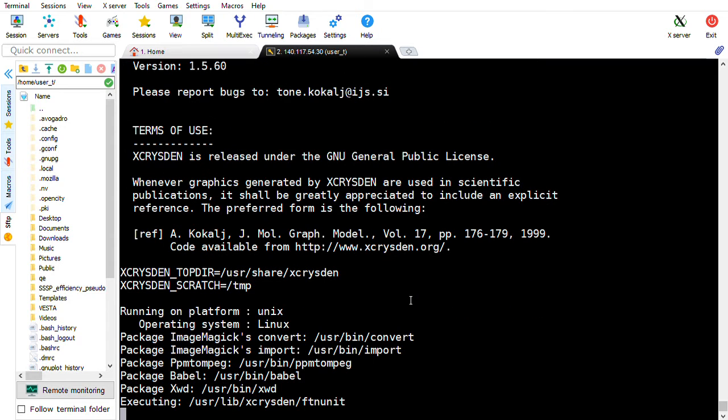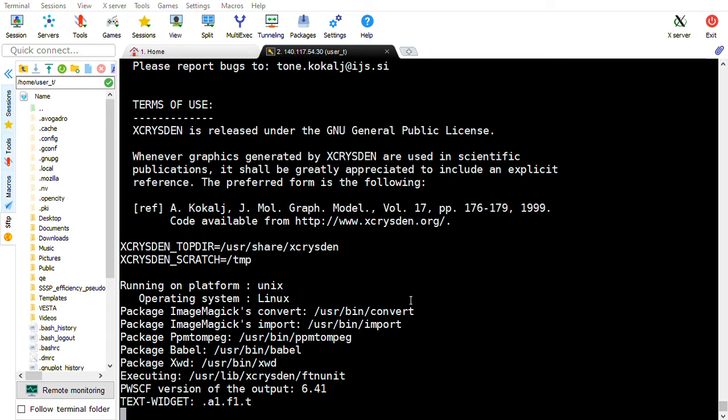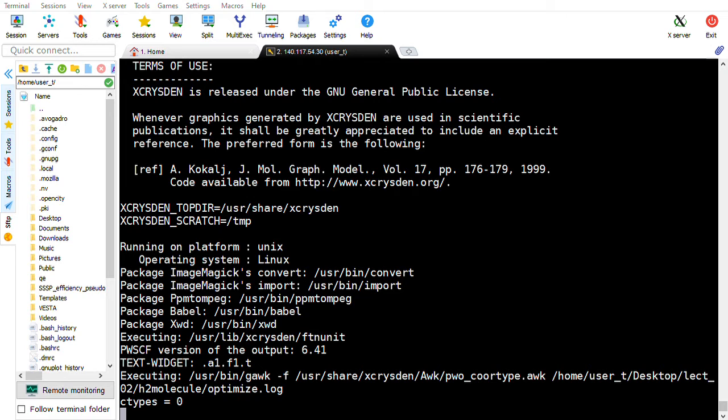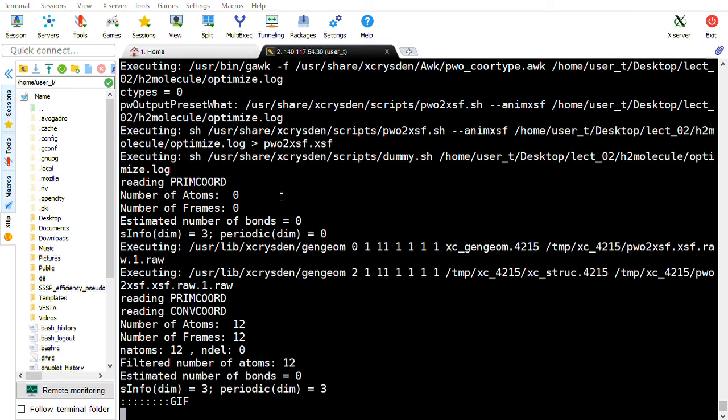Let's see if it's working. And it is over here. So XCrySDen then asks me, do you want to display the last coordinates or all coordinates? Because I want to look at the optimization, I choose all coordinates. Continue.